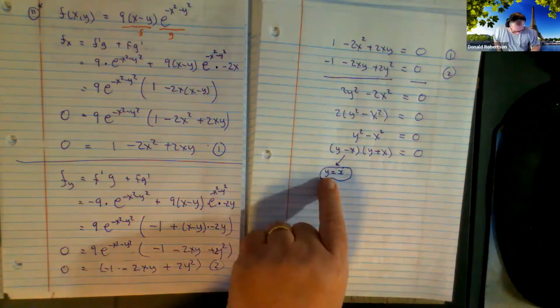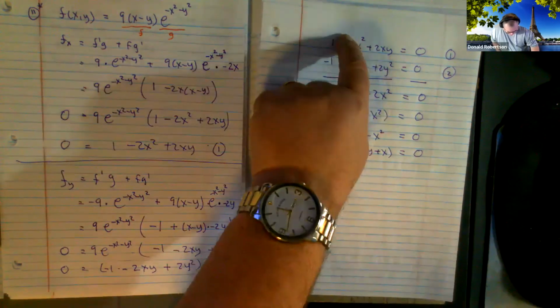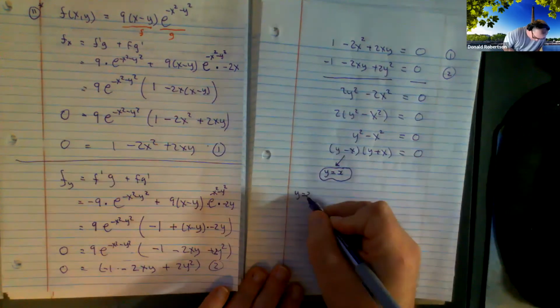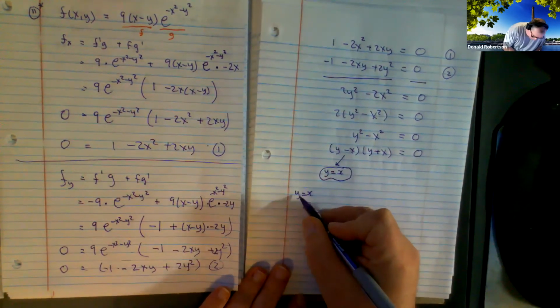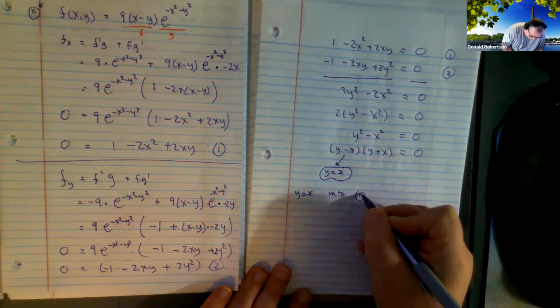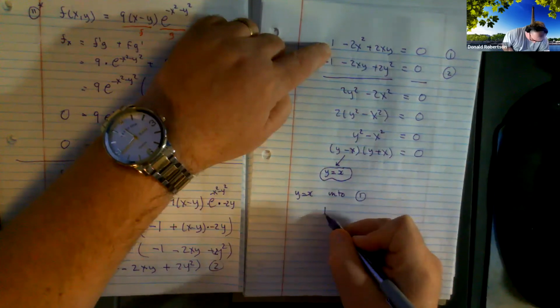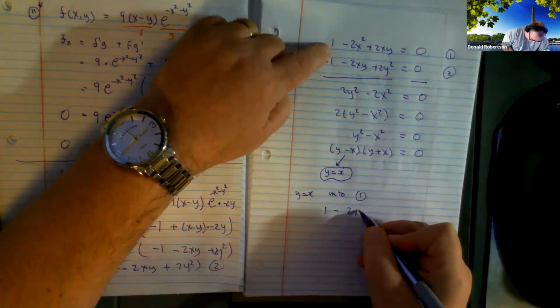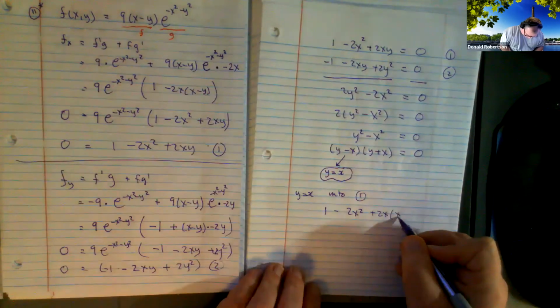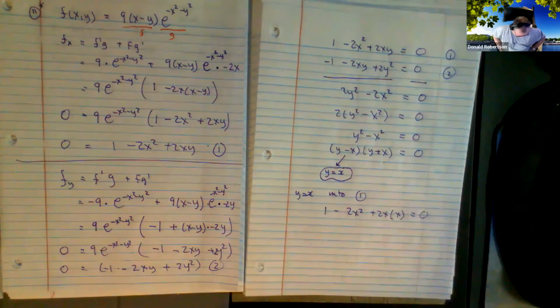And if I plug y equals x into either of these two equations, so let's put it into equation 1, what do we now get? We get 1 take away 2x² plus 2x times y, which is x, is equal to 0.